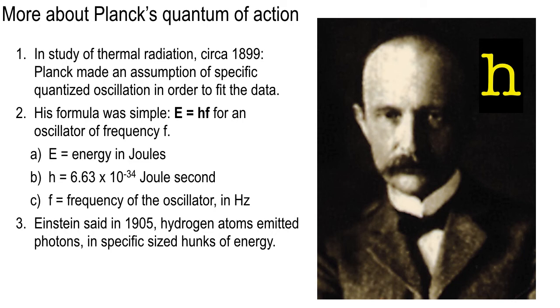But forget about the size of the amplitude of their oscillation. Just give me the frequency, and that's going to be the frequency of the light and the energy of the light according to this formula. And then Einstein said, yeah, let's take that same formula and apply it to the hydrogen atom. Specific size hunks of energy, and each of those go into a photon of light. And by God, it worked.